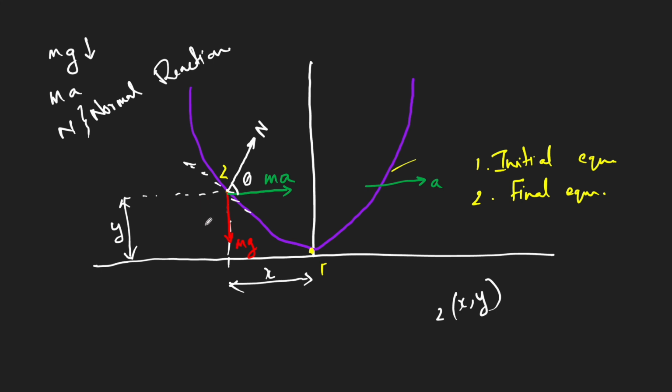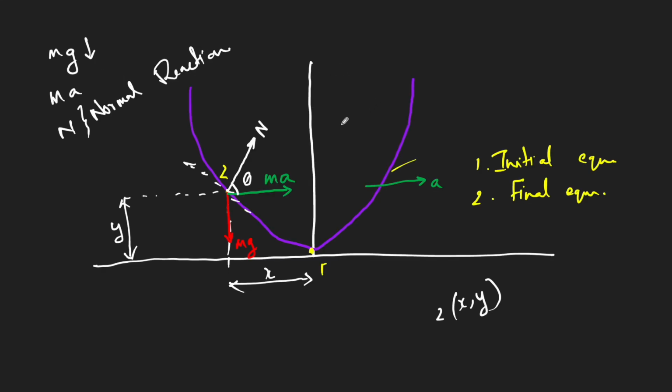Then let me write down the system at point 2. The system is at equilibrium. It has reached equilibrium, that's why it is staying at point 2. If it is at equilibrium, I can say the net force must be 0, right? So let me balance the net force. First, let me take the vertical force Fy. Net force in the vertical direction must be 0. That means, what are the vertical forces? There is mg acting downward.